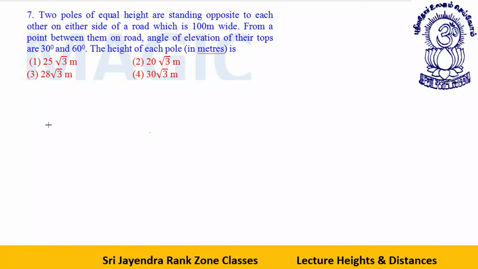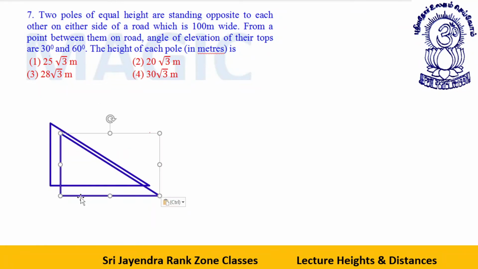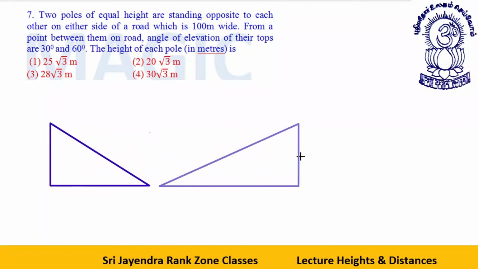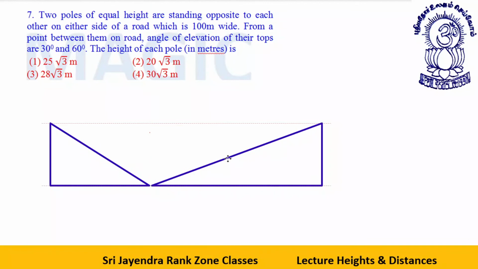Let's draw the figure. I take this triangle. These are two consecutive kilometer stones. Let me draw the figure. These are located at these points.